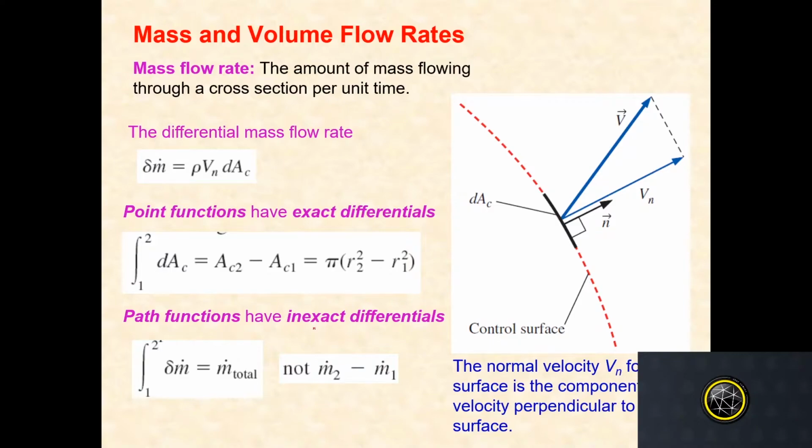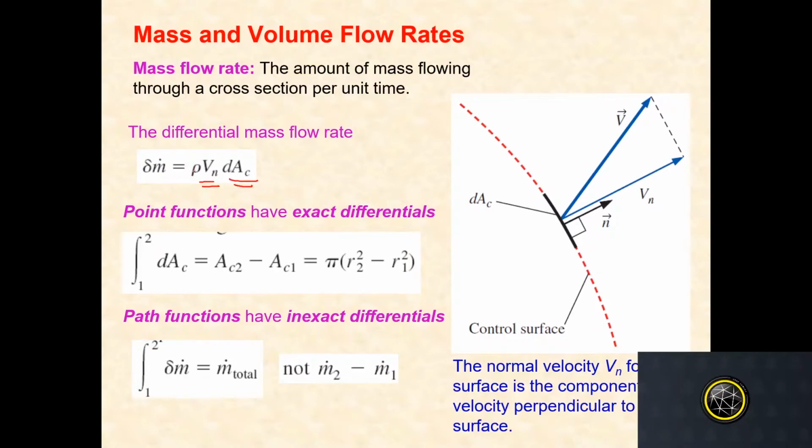Here it talks about the mass and volume flow rates. Mass flow rate is the amount of mass flowing through a cross section per unit time. The cross section here is Ac, as you can see here, and this is the velocity, how fast it is going across this surface.